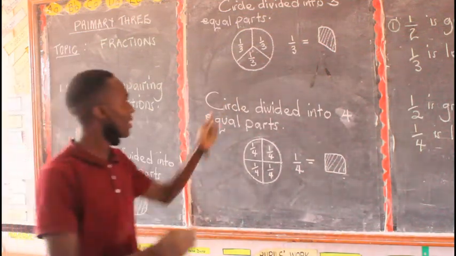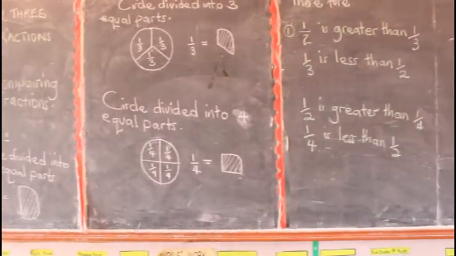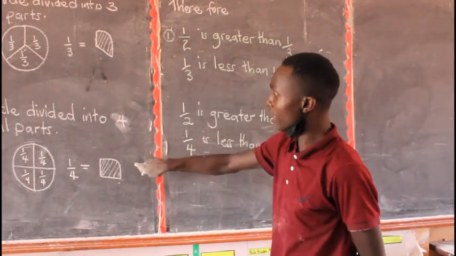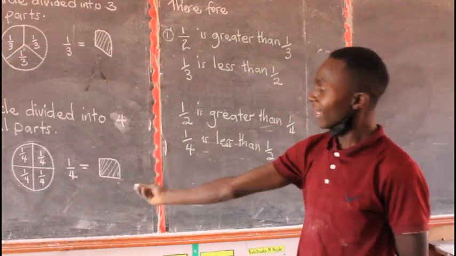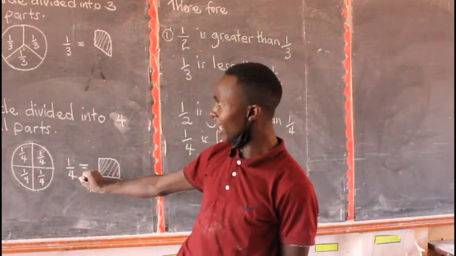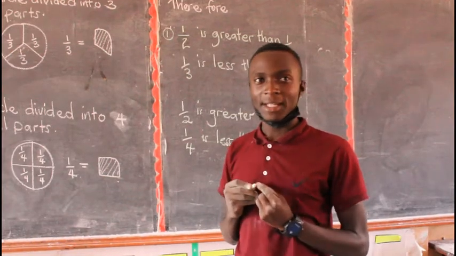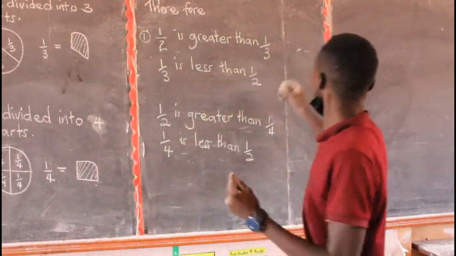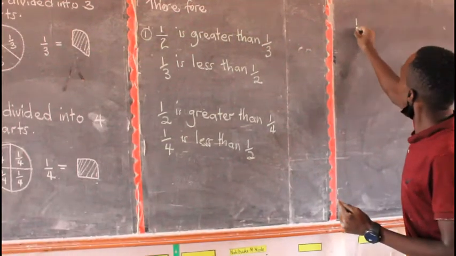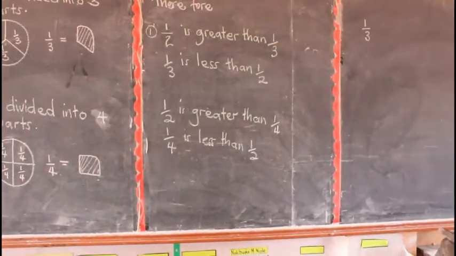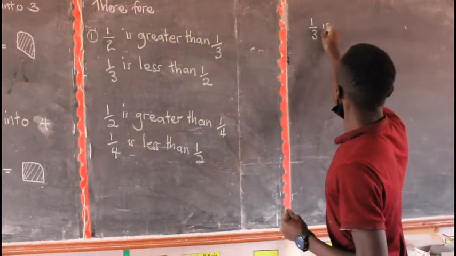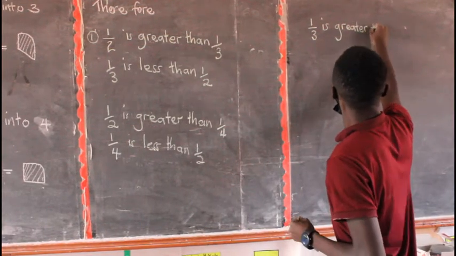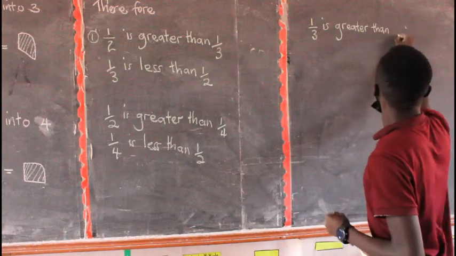Because I told you earlier that the bigger the denominator, the smaller the fraction, and the smaller the denominator, the bigger the fraction, you can say that a third, or 1/3, is greater than a quarter.